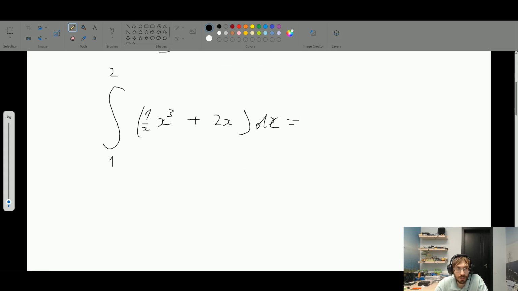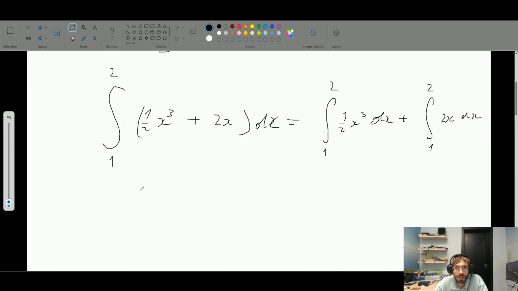As usual, we have the right to break it into two integrals. So first we integrate 1/2 x cubed dx, and then we integrate 2x dx. And boundaries we keep as they are, 1 and 2.